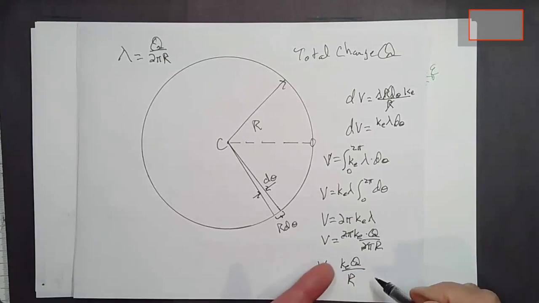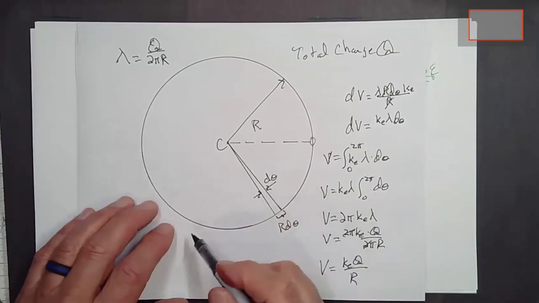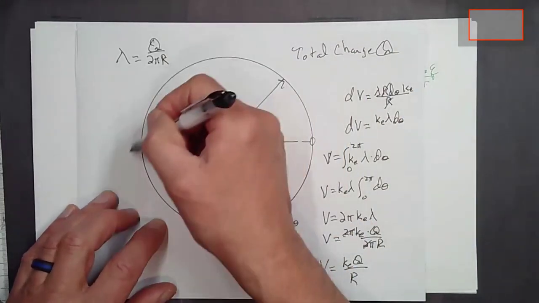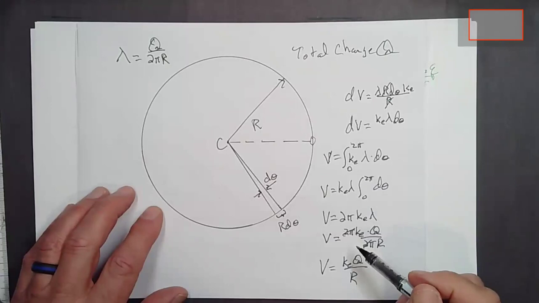That's like the potential of a point charge that is a distance r away, or that you're a distance r away from. But in this case, it's a charge of q that's spread evenly over the circumference of this thing.